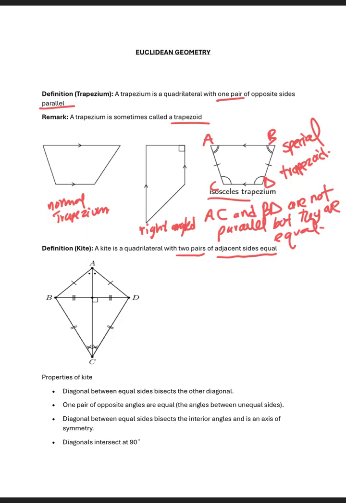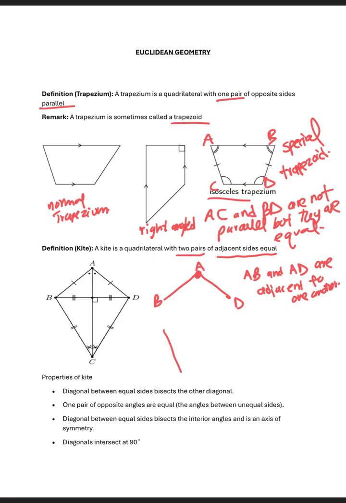So we can see that we have this situation where we have B, we have A, and then we have D. So AB and AD are adjacent to one another because they share what? A common vertex at A. And then we also have BC and DC.